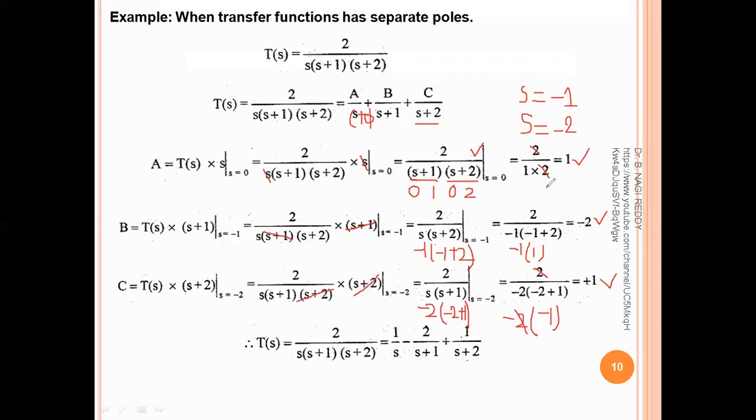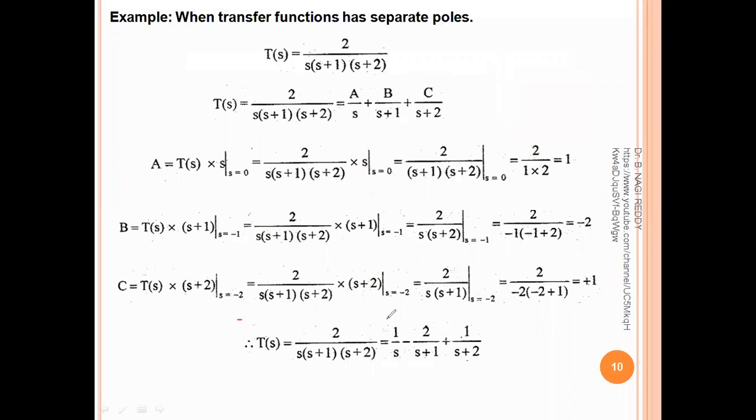Now substitute the A value, B value and C value, and write the final partial fraction of the given transfer function, which is like this. A by S means A is 1, so 1 by S. Here the B value is minus 2, that's why in the place of plus I have written minus: 2 by S plus 1, plus the C value, which is plus 1, so plus 1 by S plus 2.